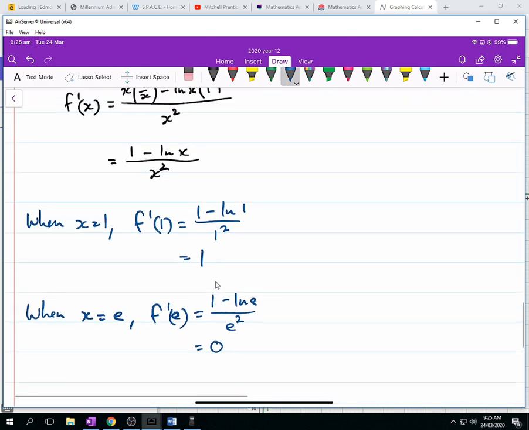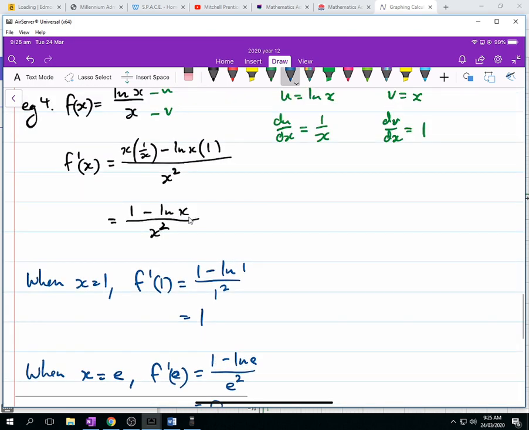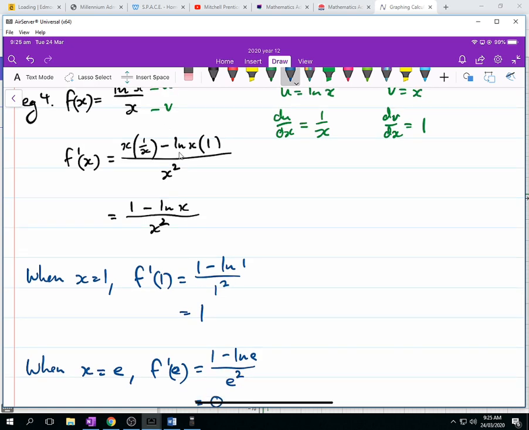Again, if we had this function just here, and I asked you to find when it had zeros, it would be when the numerator is equal to 0, and solving when 1 minus ln of x is equal to 0 is the same as saying when ln x is equal to 1, and if I raise e to the power of both sides, that's when x is equal to e.